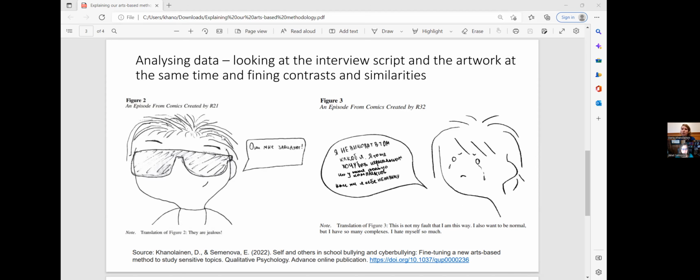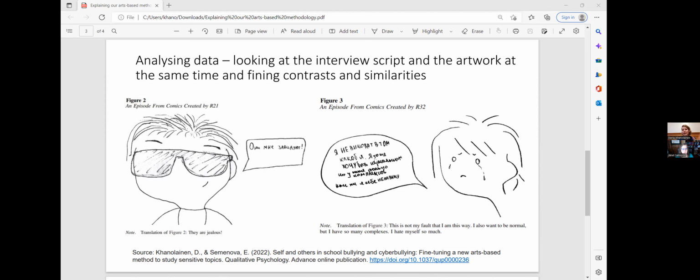And in contrast to that, participants who had personal experience of being bullied often added a lot of emotions. They would add details like tears or very sad faces to their victims, and they would add text that clearly communicated a lot of distress, a lot of pain that their characters were going through.